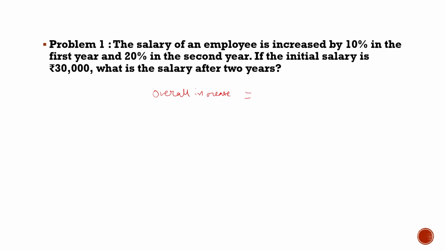A is the initial increase in salary and B is the second increase in the salary. So the formula tells us it should be A plus B plus A into B by 100, right? Applying this formula, you can get the overall increase.